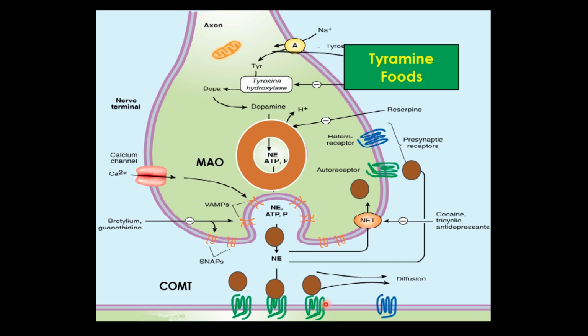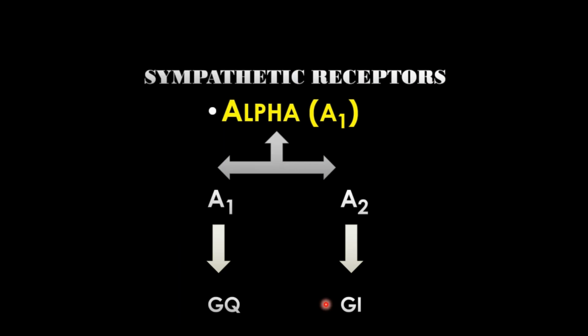Where does this neurotransmitter come and bind? What are the types of postsynaptic and presynaptic receptors? These sympathetic receptors are divided into two groups, the alpha receptors and the beta receptors, and the alpha receptors are subdivided into two, alpha 1 and alpha 2. Alpha 1 receptor is linked with Gq.